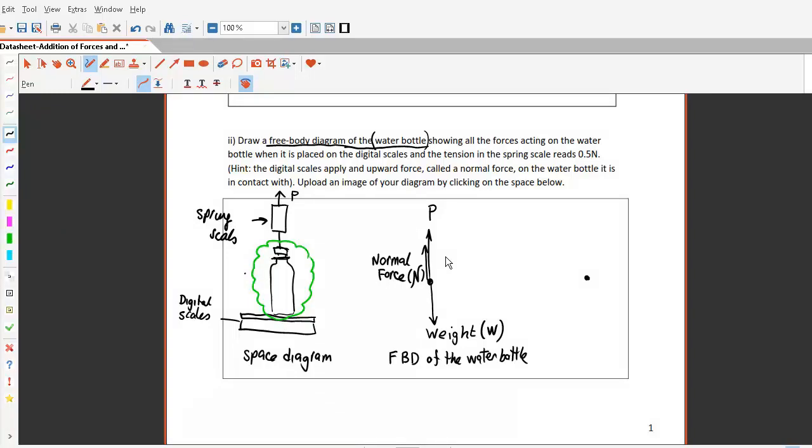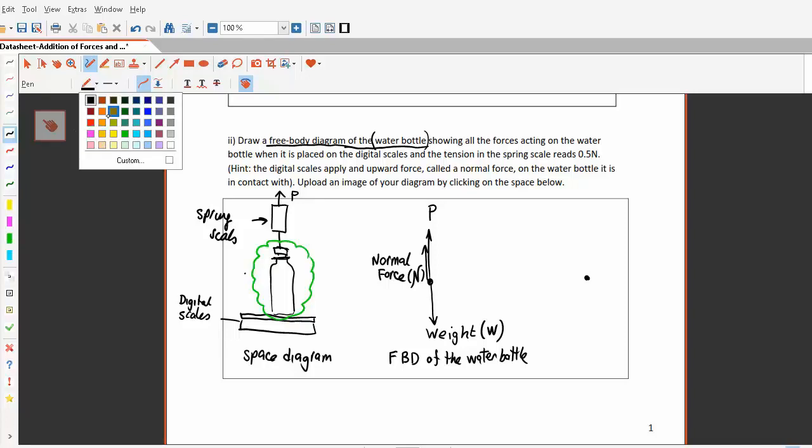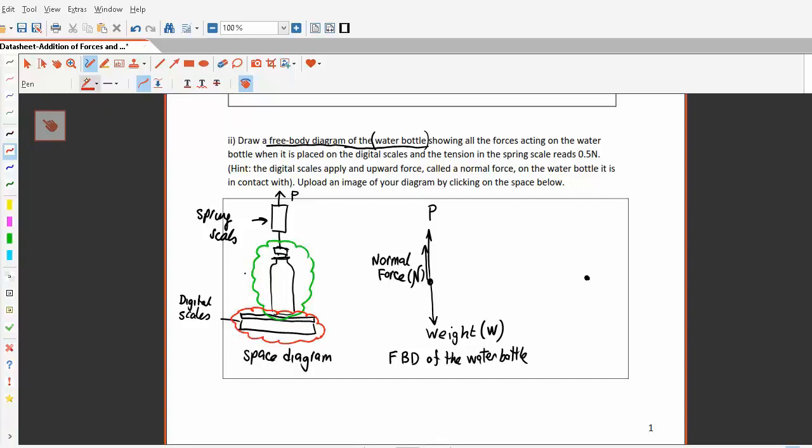Let's see why that is. If we draw a free body diagram now of the digital scales, so now I'll draw a cloud around the digital scales. What forces does the digital scales feel? Well, it does feel the push of the table. So this is the table pushing upwards on the digital scales.